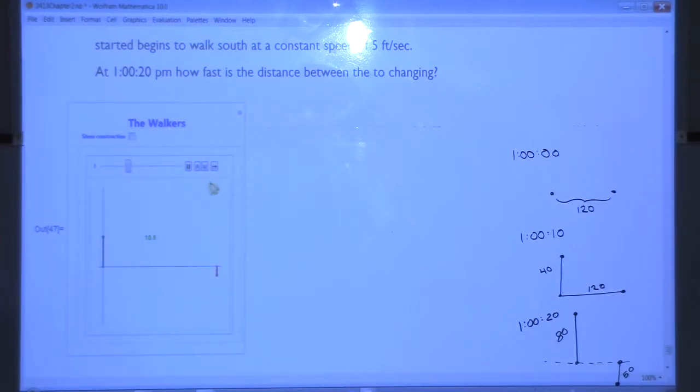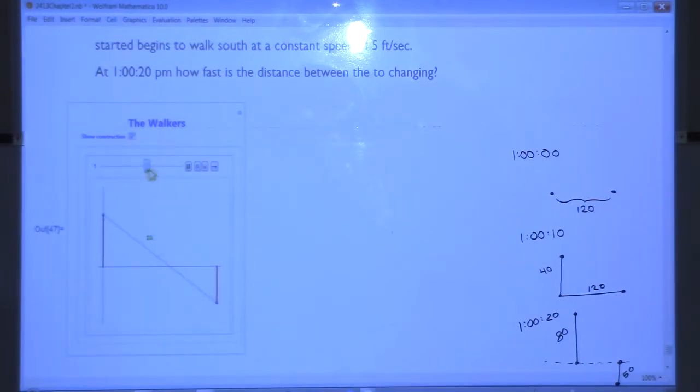Why do you think she's walking faster than him? Okay, and then right at 20 seconds, that's when we want to know how the distance between them is changing.